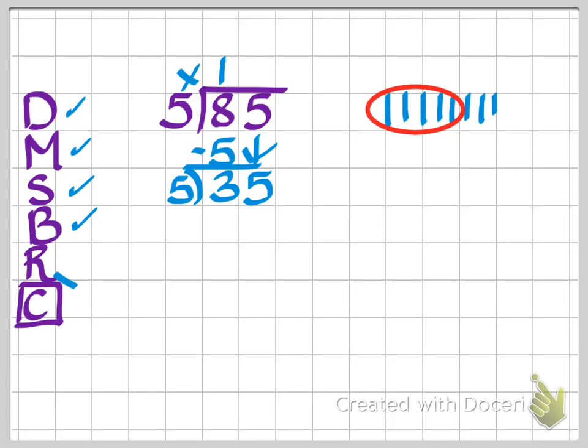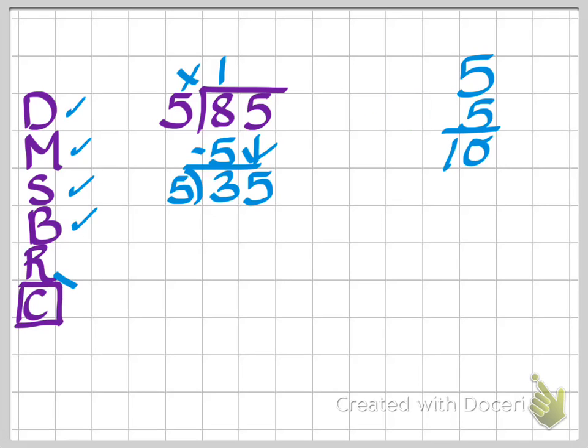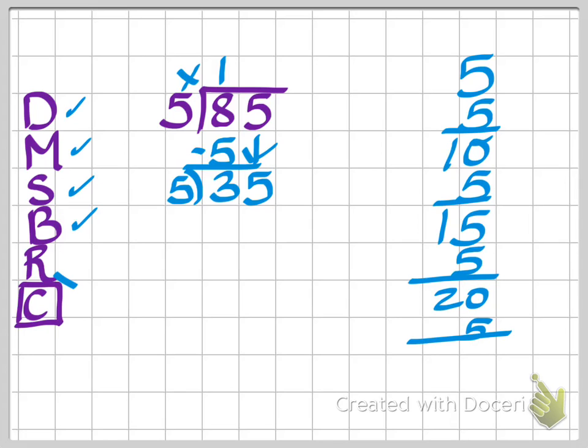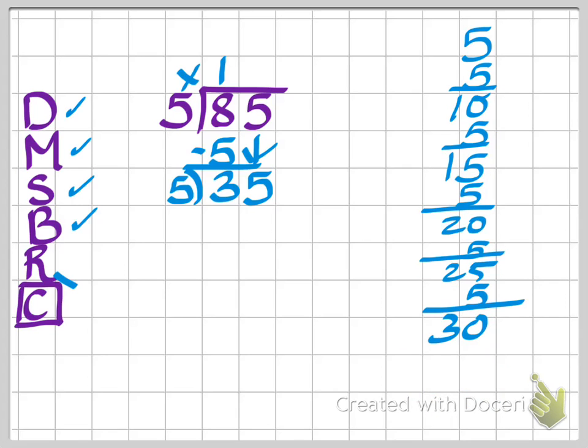It would be very helpful if you knew your multiplication facts, but if you didn't, you can always do repeated addition up until 35. So 5 plus 5 is 10, add another 5 is 15, add another 5 is 20, another 5 is 25, another 5 is 30, and then another 5 is 35.